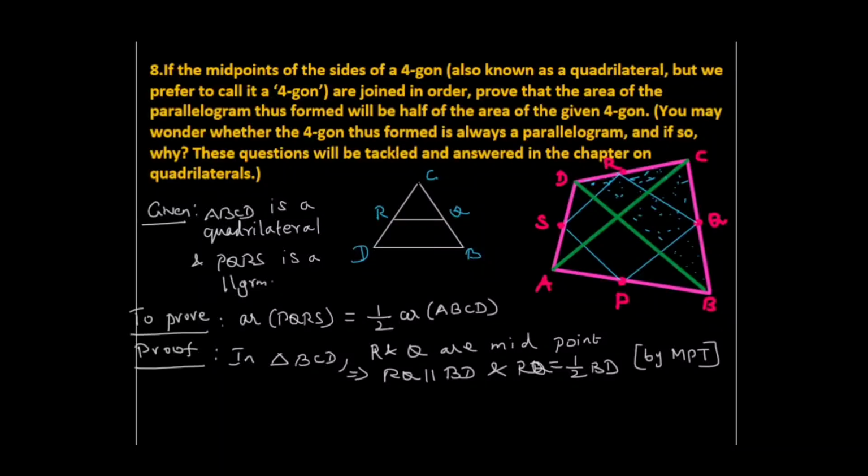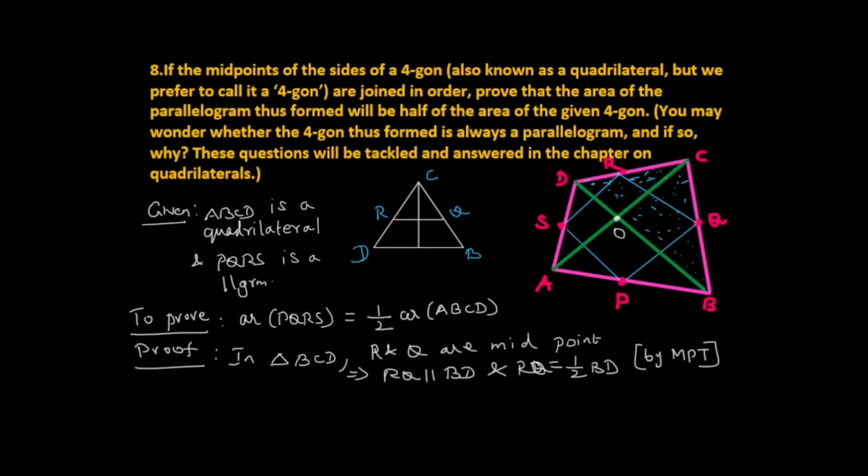And for the same triangle, if we join a line from C, consider this point O. Now what about the height?